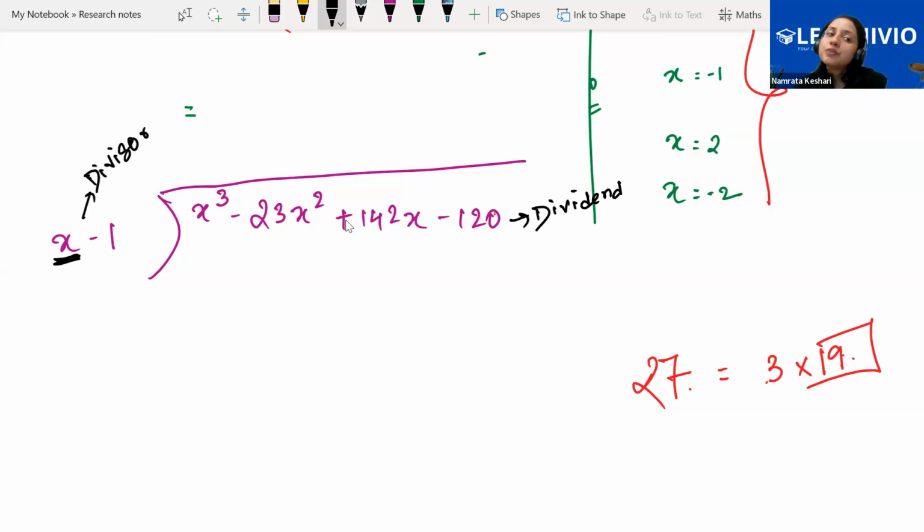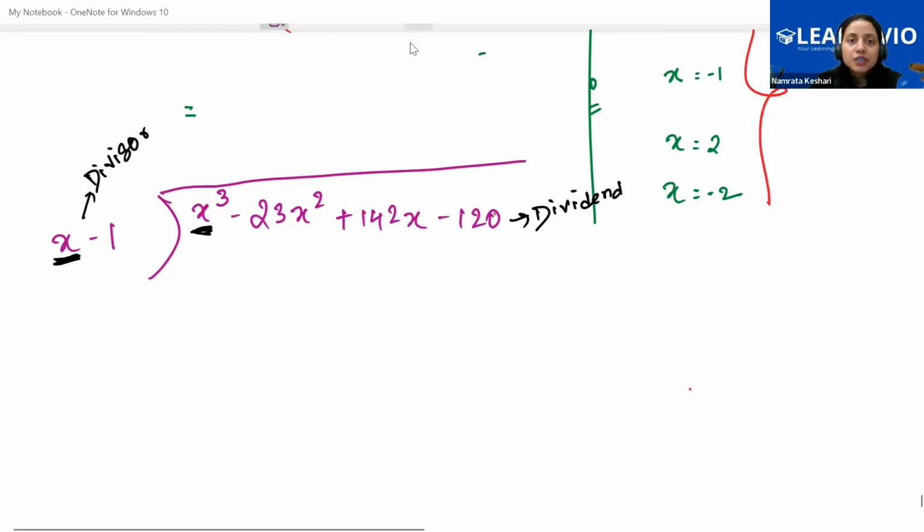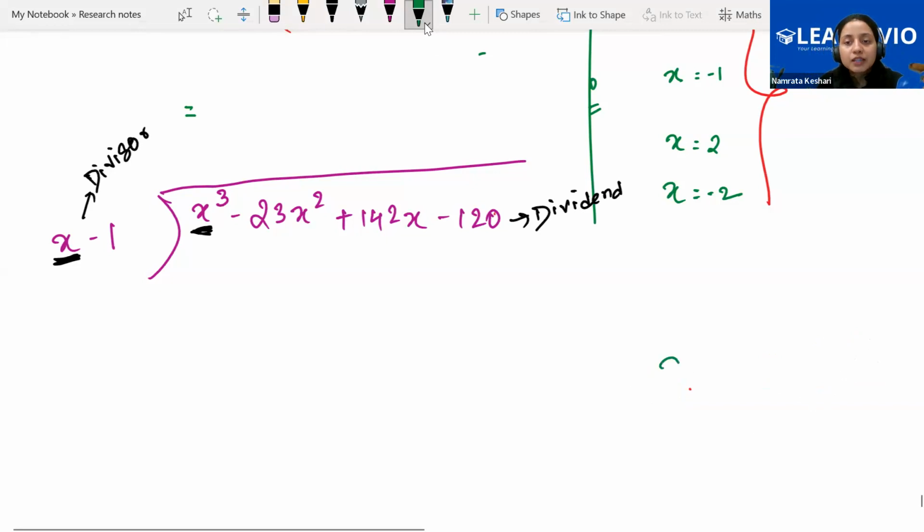We will focus on the first term of the divisor and the first term of the dividend, and ask what should be multiplied with x, the divisor's x, so that we get x cube, which is sitting in the dividend's first part?